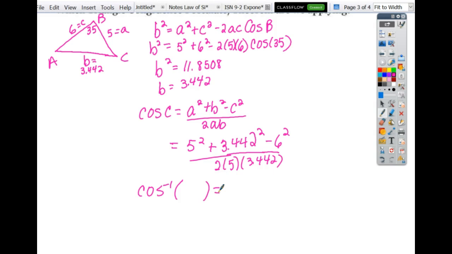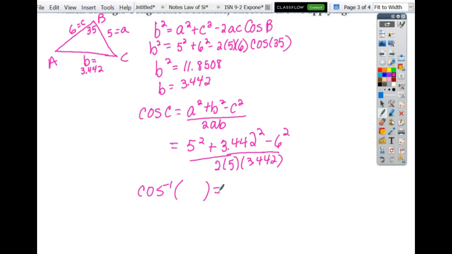Are you ready? 5 squared. Type that on your calculator. And don't push anything unless I tell you to, because at the end, when you get an error, I'm going to say it's because you did whatever you wanted and did not listen to me. So then push plus 3.443 squared.